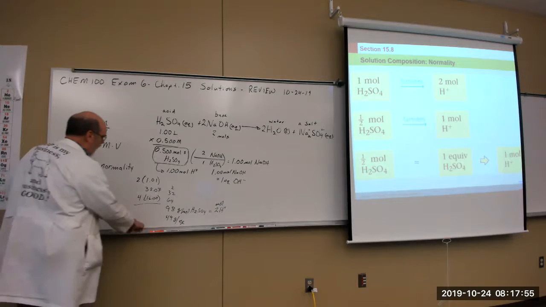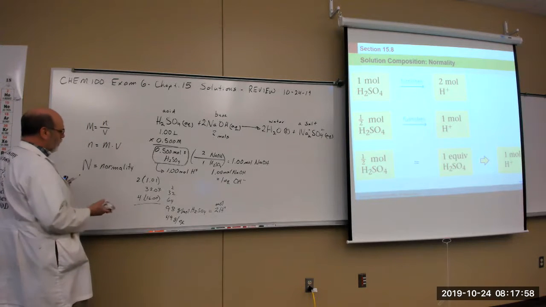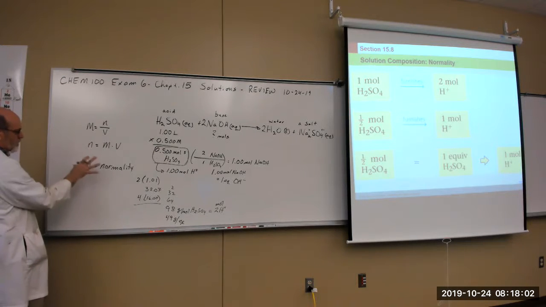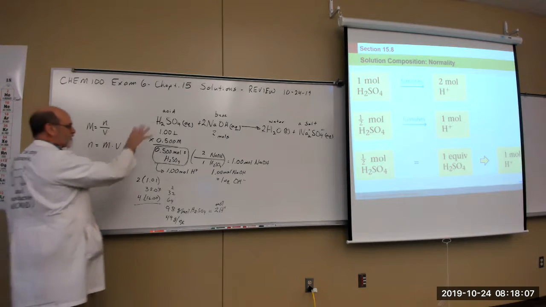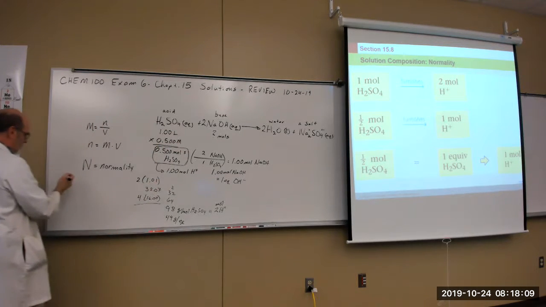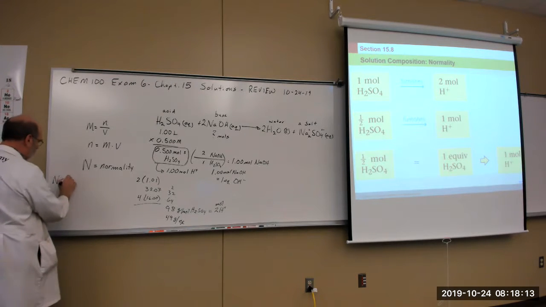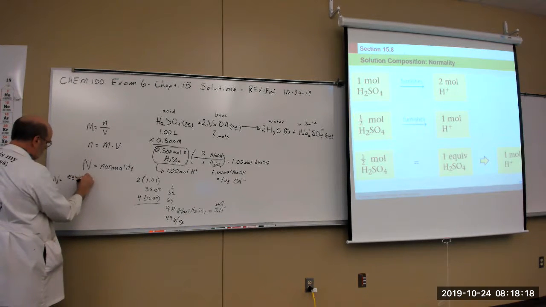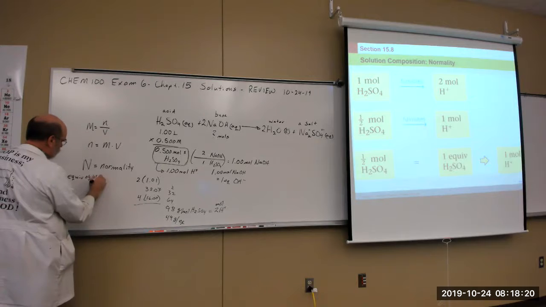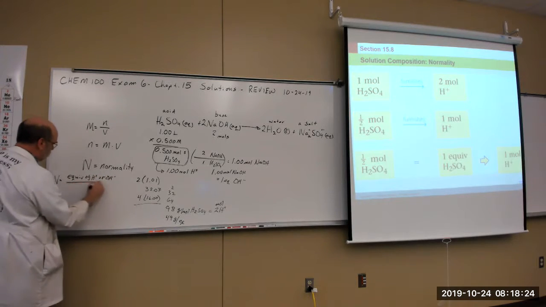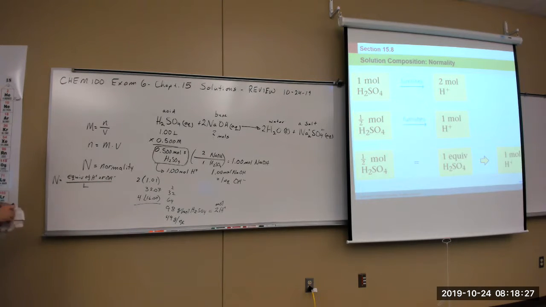So for practical purposes, what we want to do is devise a concentration unit that will make acids and bases comparable. So normality is the equivalents of protons or hydroxyls per liter.